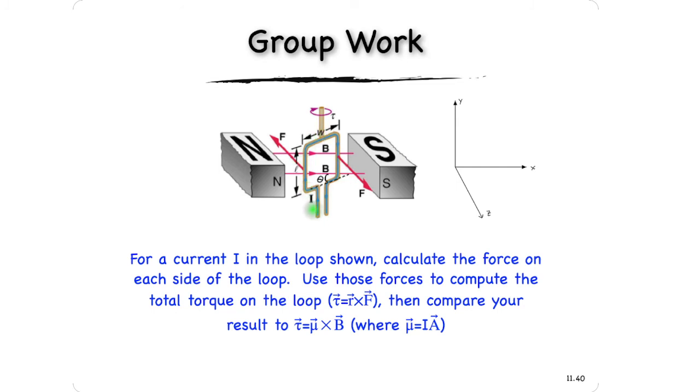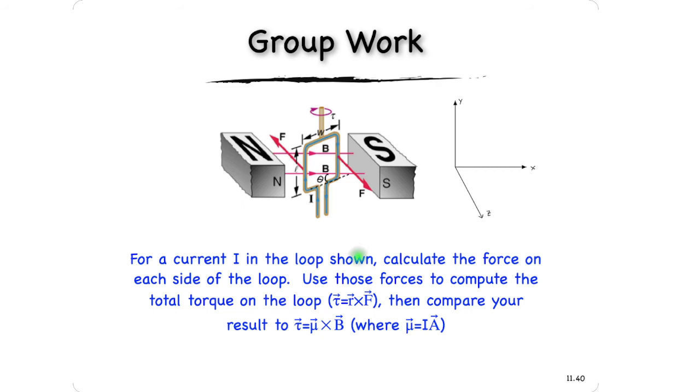The direction of the current is, it's kind of hard to see, but there's arrows pointing along this path so that it's going clockwise. And the angle of the plane of the loop with respect to the magnetic field is theta.